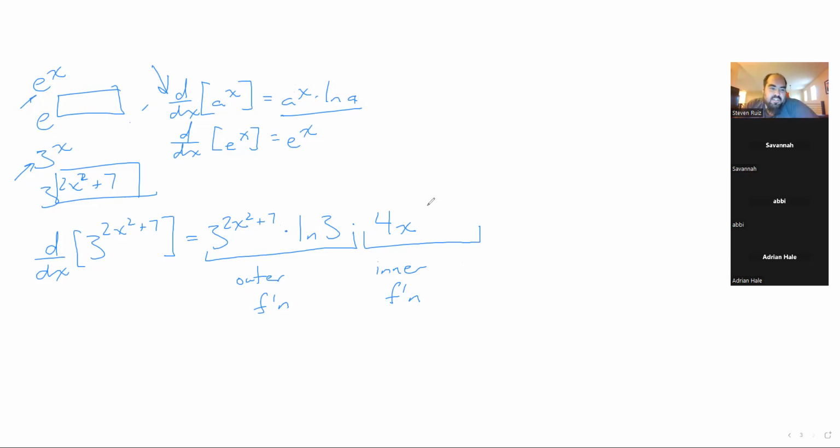And the question you asked was, do I always need the exponential rules and the chain rule? I don't think there's any way around using these exponential function rules. The chain rule is one of those things that, when you first learn it, it's probably a good idea to really write down what all the different functions are and all the different derivatives and figure out how they all go together.